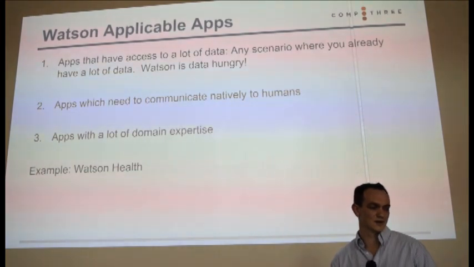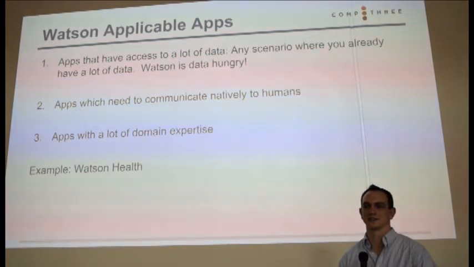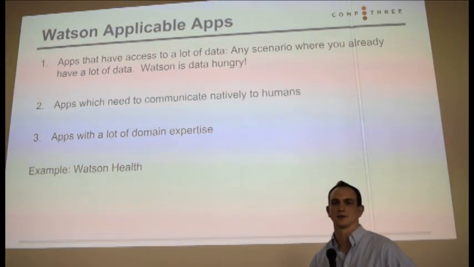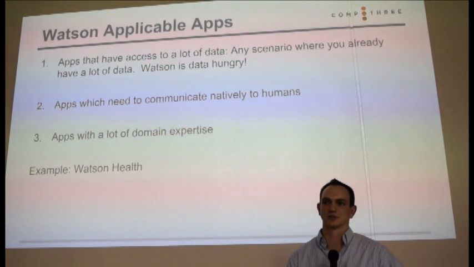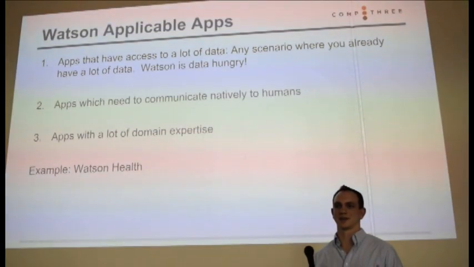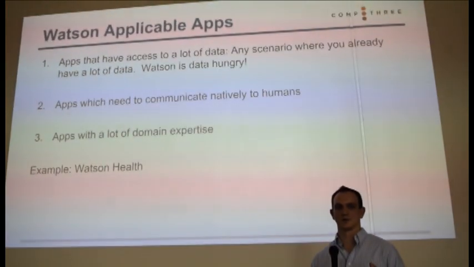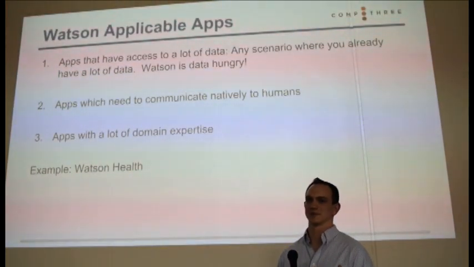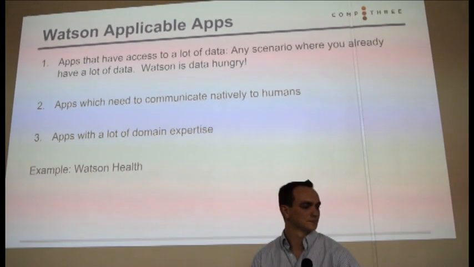The second thing to note is if you have to communicate natively to humans, let's say speech to text, text to speech, if you have to work with different languages, something like the language translation service might be extremely helpful, so that making that human computer interface more natural, that's something Watson does fairly well at.